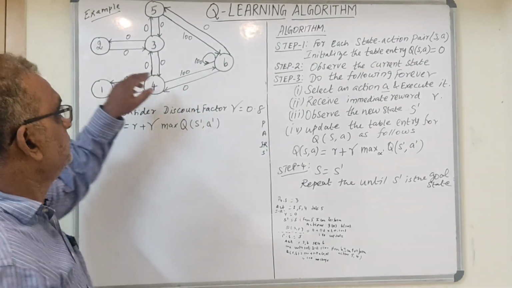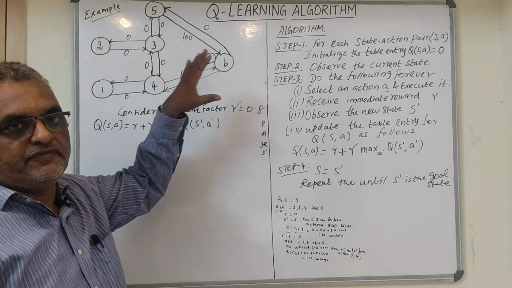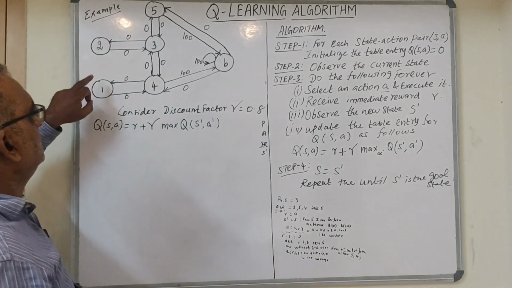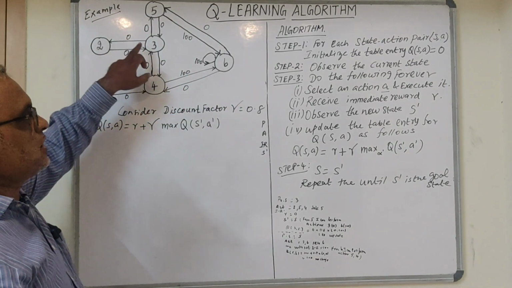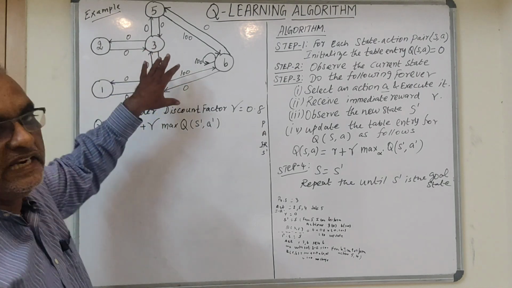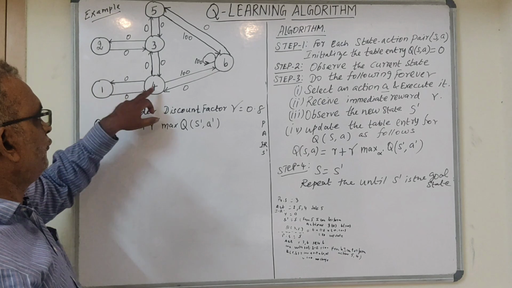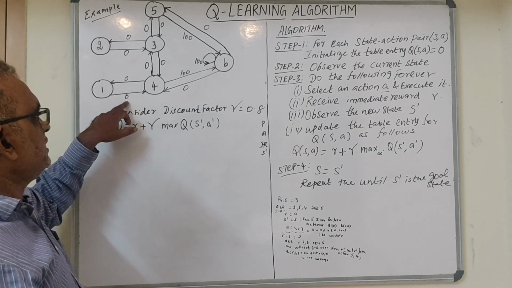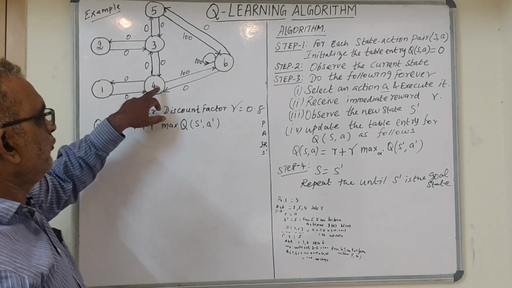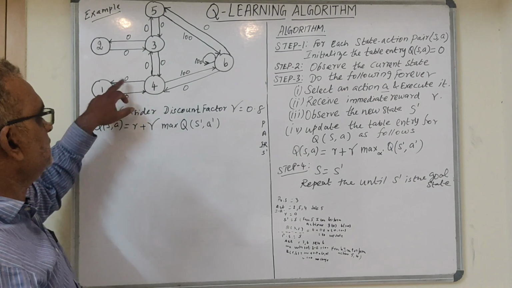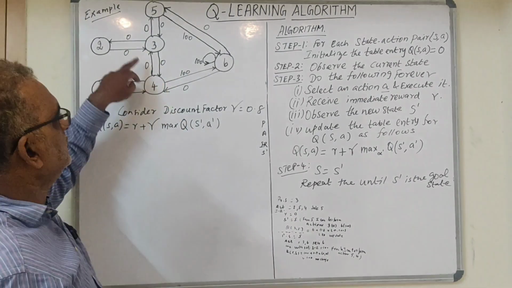This example contains 6 different states and the corresponding reward values are also indicated in this diagram. So for example, from state 1 to 4, the reward is 0. Similarly, moving from state 4 to 1, the reward is 0.